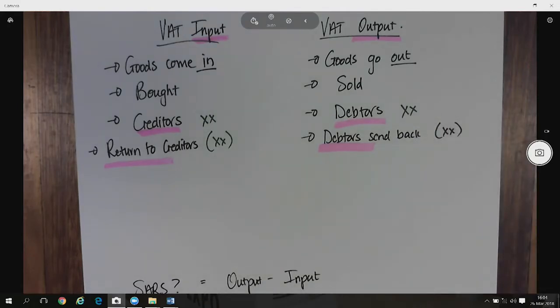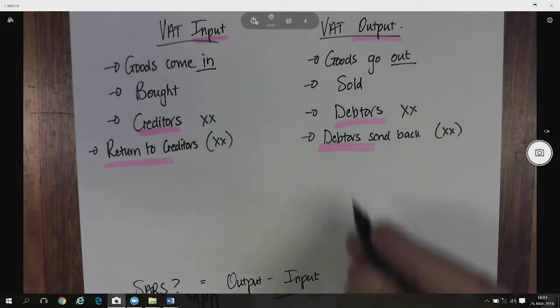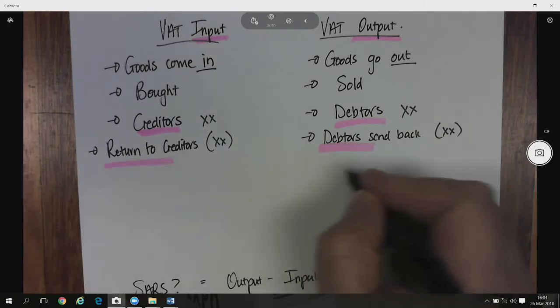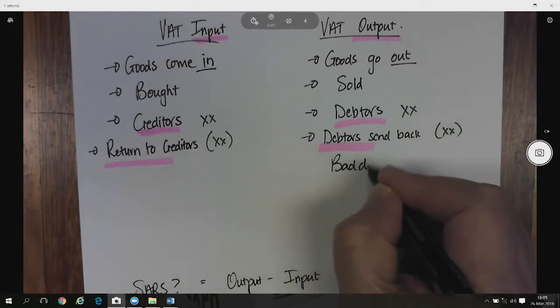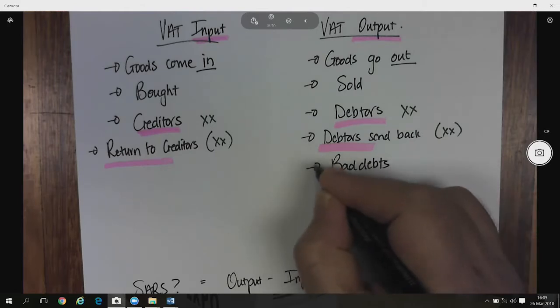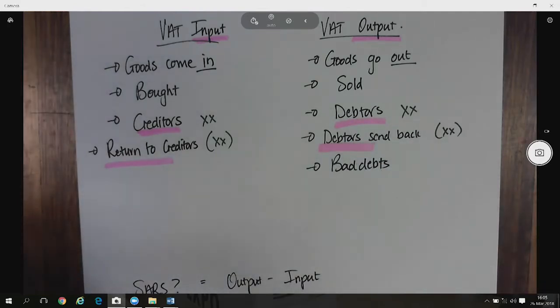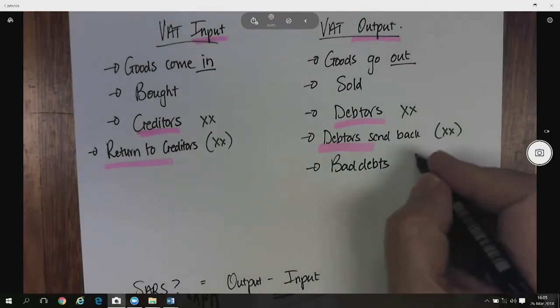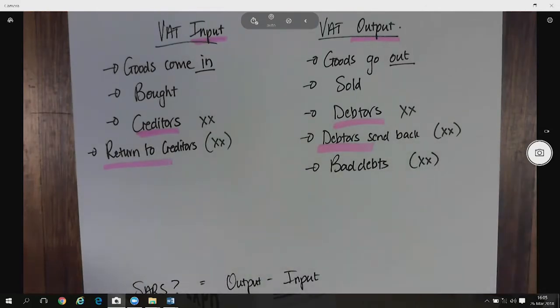And so we can go on. I can say bad debts. Bad debts means that I'm not going to receive the output that I was supposed to receive, so I make the output less.